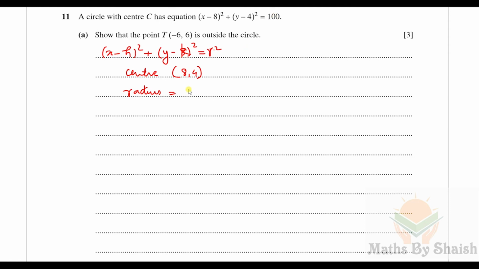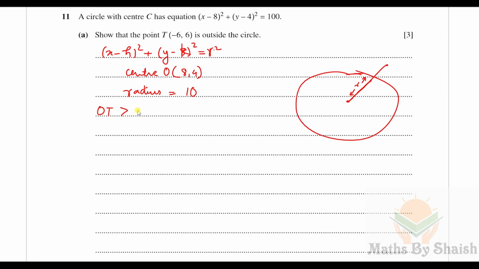We know that if a point is outside the circle, the distance between the center and the point should always be more than the radius. Let's take the center as C, so we will prove that CT is more than the radius r.